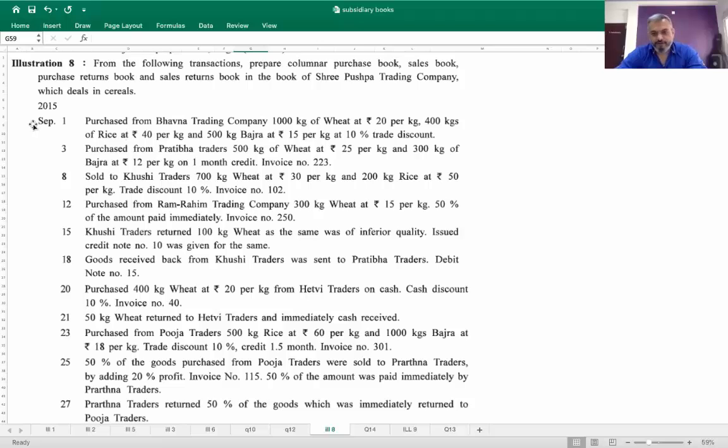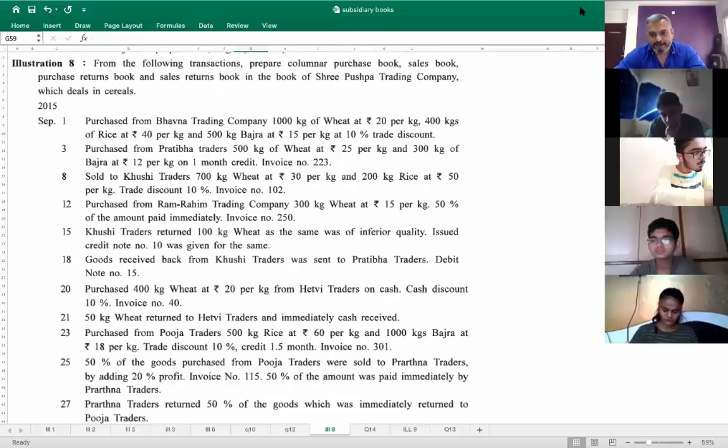Purchase from 1st September 2015: purchase from Shri Bhavna Trading Company 1000 kg of wheat at rupees 20 per kg, 400 kg of rice at 40 per kg, and 500 kg of bajra at 15 per kg at 10% trade discount.